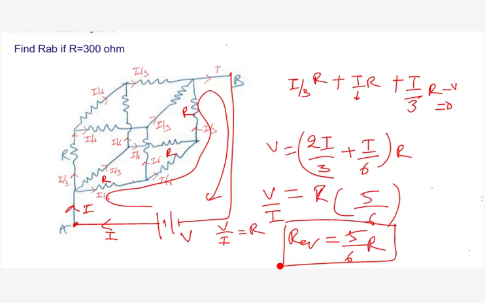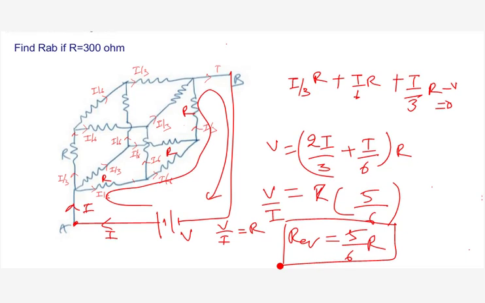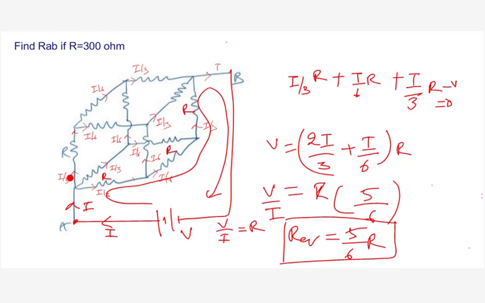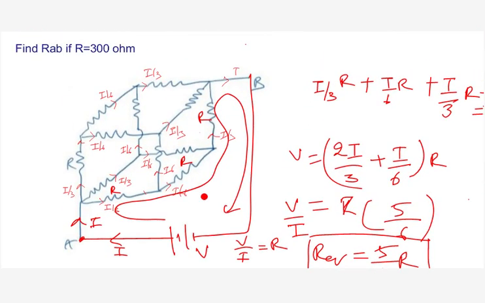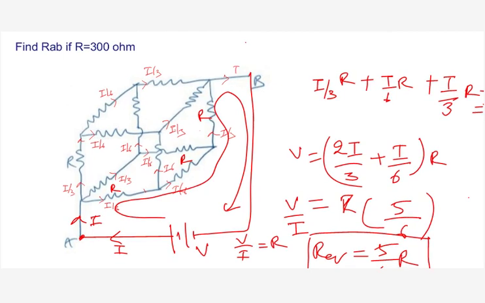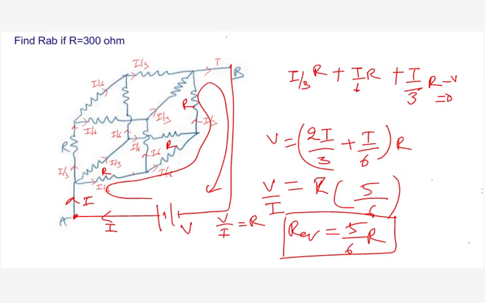So for a symmetrical network, current gets equally divided at every node, and I took one of the paths and wrote the KVL equation for that mesh, and then I got the equivalent resistance as the answer.